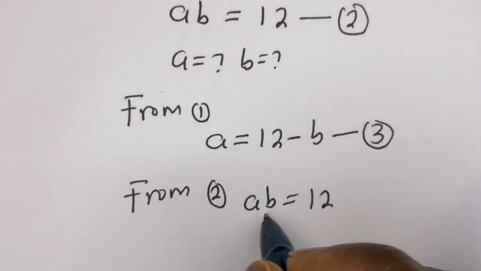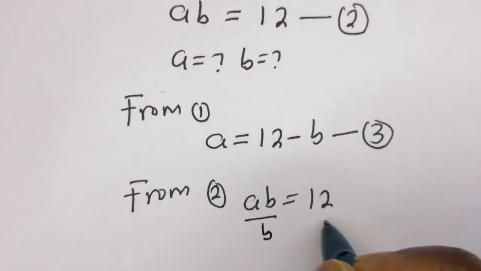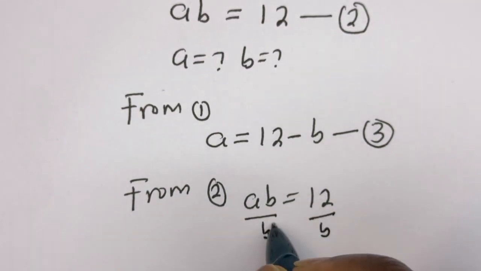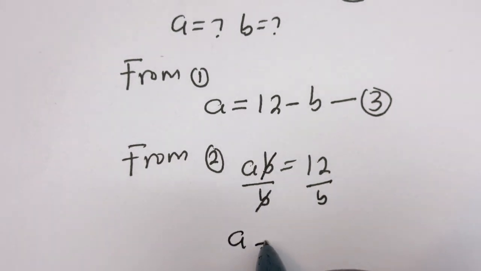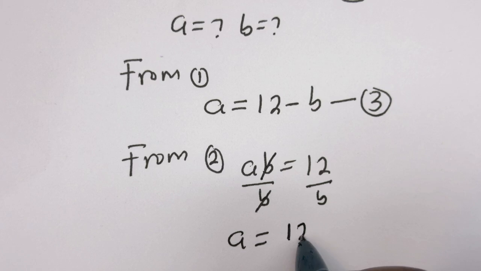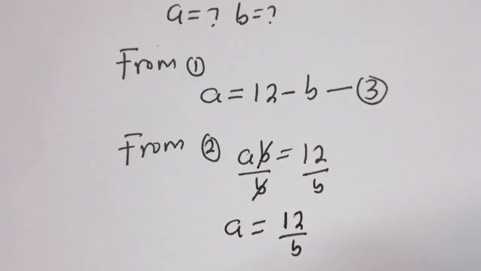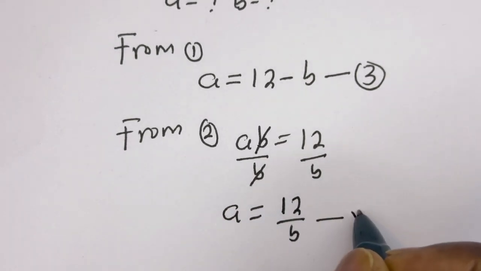Let's divide both sides by b. This will cancel this, so a is equal to 12 divided by b. Now, let's call this equation star.